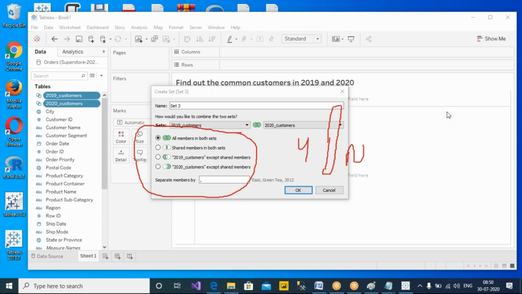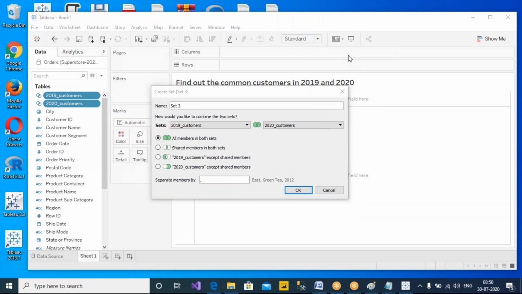In left and right joins, it will take the common data from the left as well as the right. But in this, except shared members in the second, third, and fourth, there is no common point near left and right. Are you looking at the symbol or at the diagram? I am looking at the symbol.